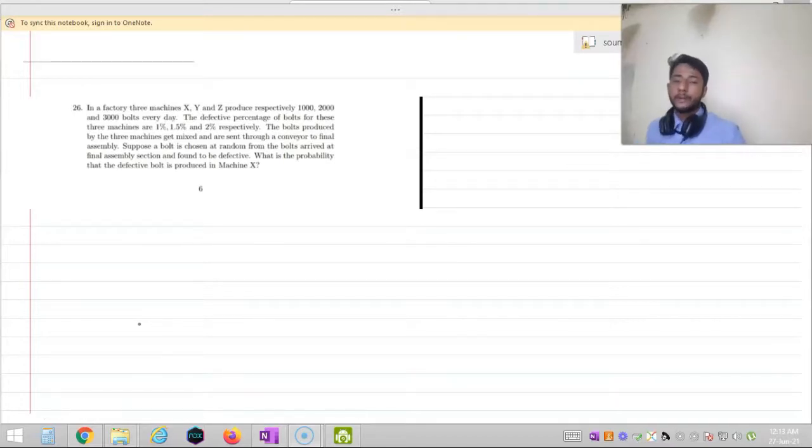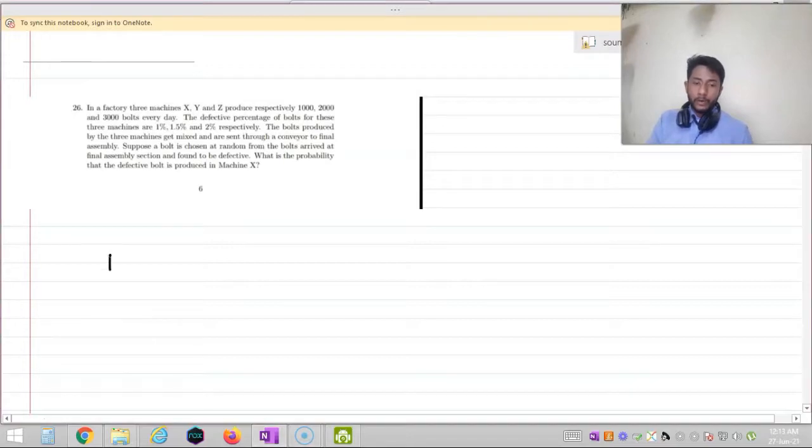This is an application of Bayes theorem. First of all, there are 3 machines, X, Y and Z. X produces 1000 bolts every day, Y produces 2000 bolts every day and Z produces 3000 bolts every day. So the probability of X, that if we choose any bolt, the bolt was produced by machine X, is 1000 over the total bolts, 1000 plus 2000 plus 3000.